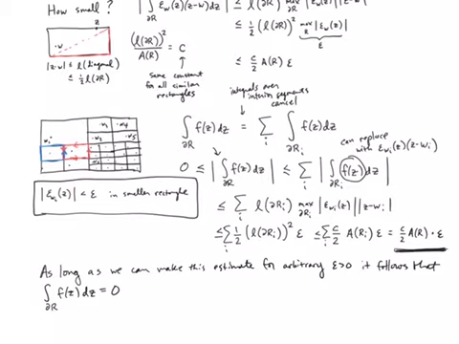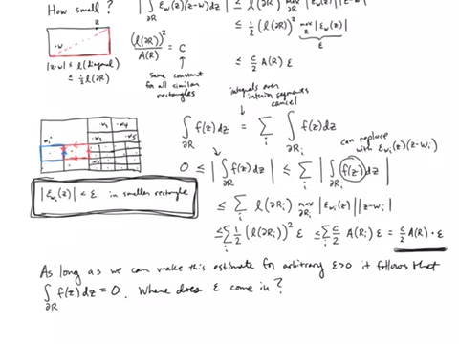And so where did that epsilon come in? Where epsilon comes in is here. We wanted to make our errors in all of these rectangles smaller than that same epsilon.